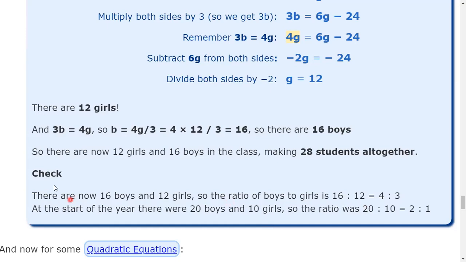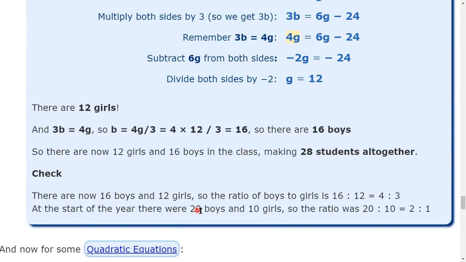How can you say that your answer is correct? There are now 16 boys and 12 girls, so the ratio of the boys to girls, 16 to 12, that is 4 to 3, is absolutely right. At the start of the year, there were 20 boys and 10 girls. Now 16, so 4 gone.